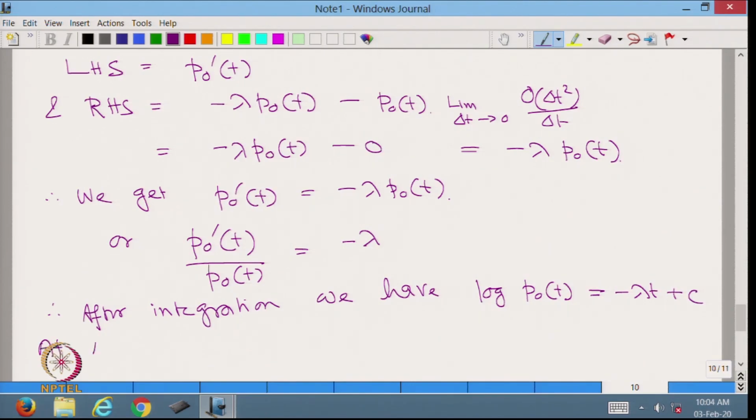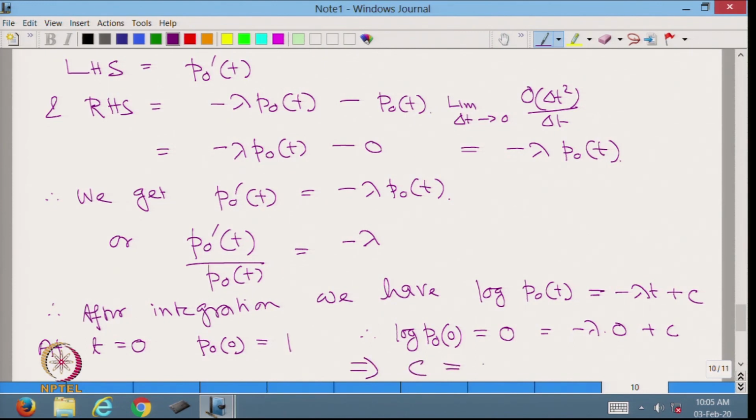At t is equal to 0, P0 0 is equal to 1. Therefore, log of P0 0, which is 0, is equal to minus lambda times 0 plus c, which implies c is equal to 0.